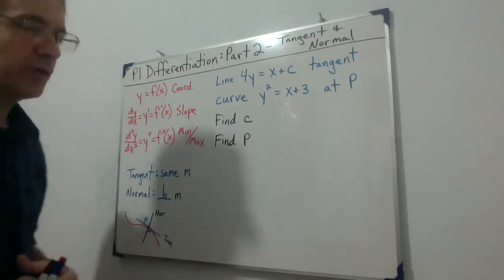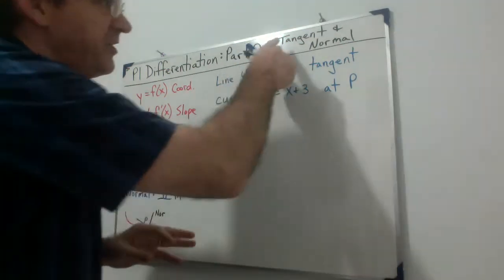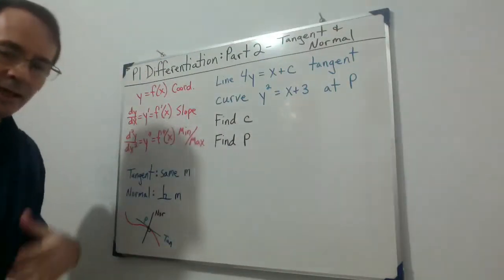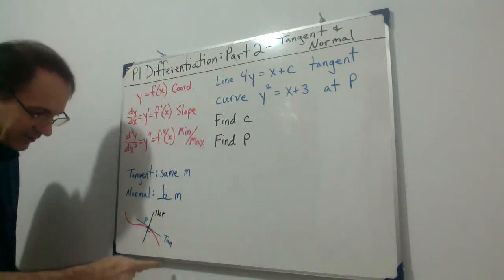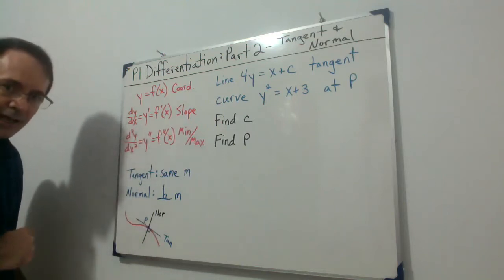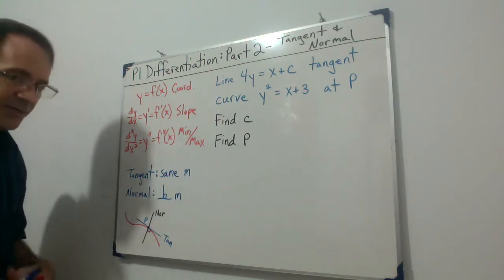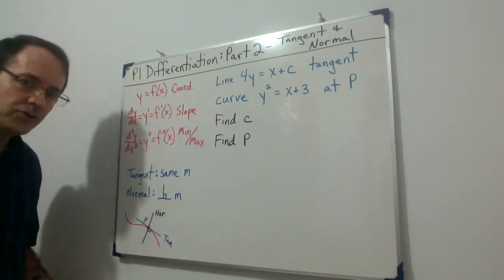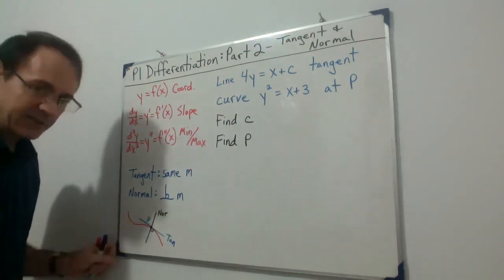Now let's get to our specific application for this video, and that is tangent and normal lines. When we have a curve, as represented by this red line here, the derivative allows you to find the slope of the curve at a particular point.